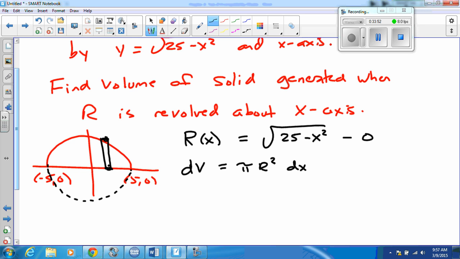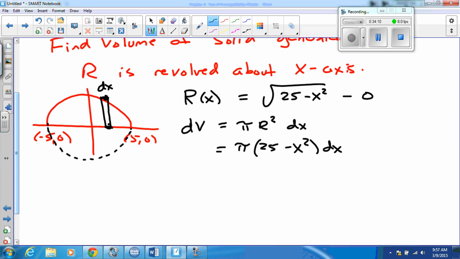So the element of volume defined by just this radius right here is going to be pi r squared times its thickness, which is dx. And happy day, when I square the square root of 25 minus x squared, I just get 25 minus x squared.